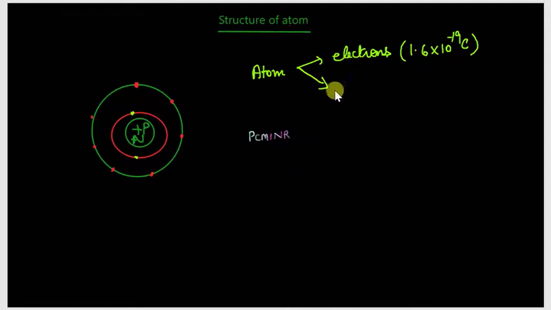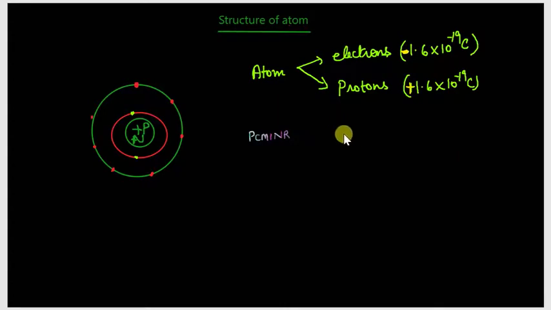That's because protons also carry an equal amount of charge, which is 1.6 into 10 raised to negative 19 coulomb. But this is negative and this one is positive. So charge on an electron is negative 1.6 and charge on a proton is positive 1.6 into 10 to the power minus 19 coulomb.